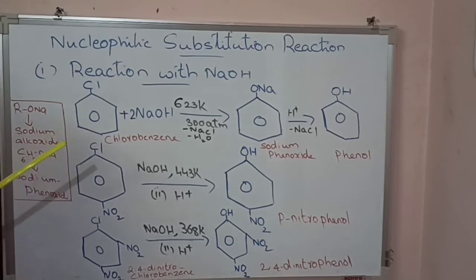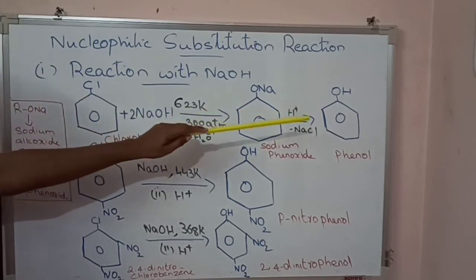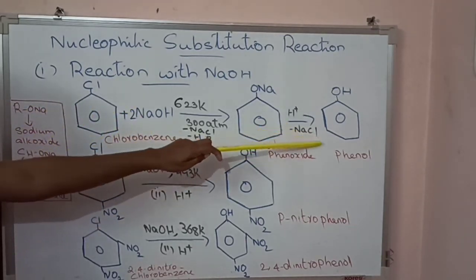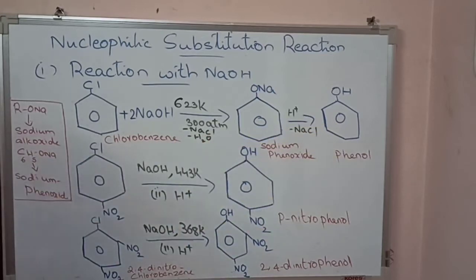That means aromatic alcohol, phenol, will be formed there. Clear? On treating haloalkane with aqueous NaOH, you will get aliphatic alcohol. On treating haloarene with aqueous NaOH, you will get aromatic alcohol, phenol. But these reactions will be carried out under high temperature and high pressure.